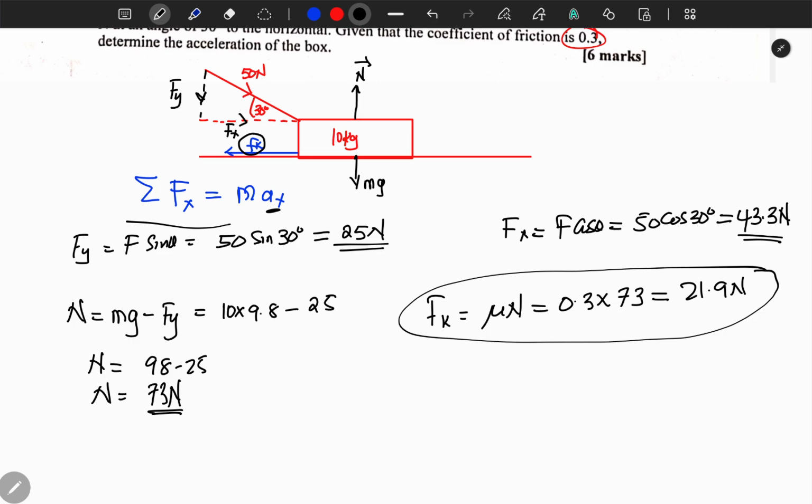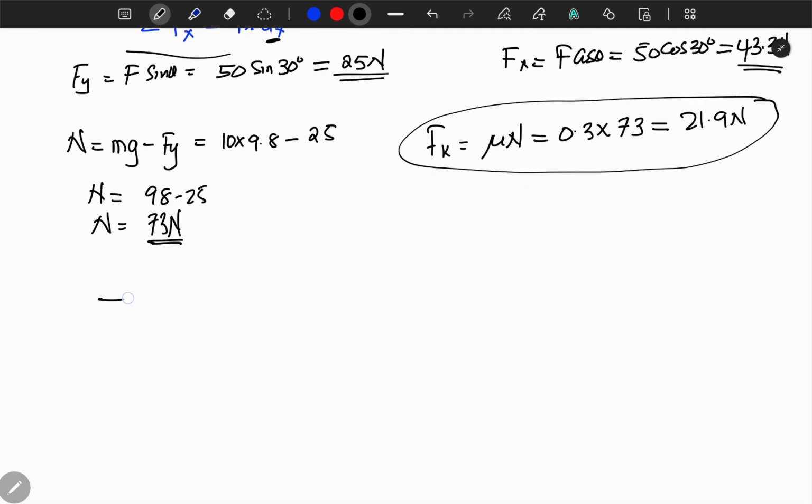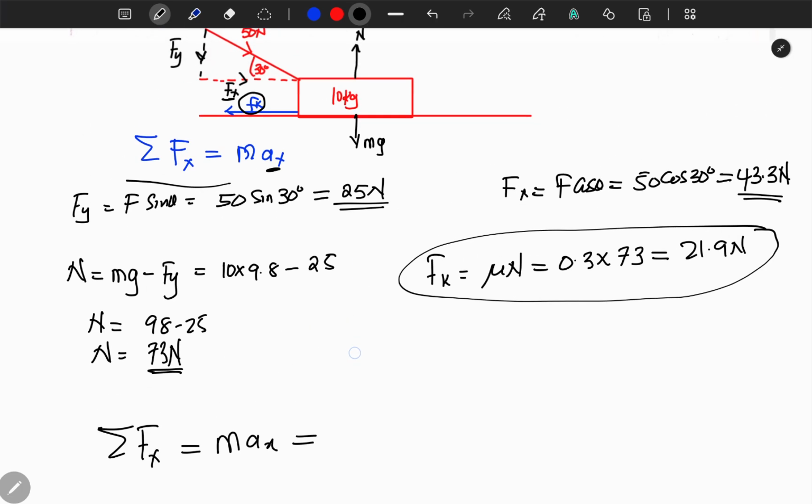So now, let's go to the sum of forces in the x. In the x, we only have Fx and the friction. So the sum of forces in the x is equal to max. Are we there? Now, in the x, we have Fx, which is 43.3, minus friction, because friction is always opposing motion. So it will be 21.9.